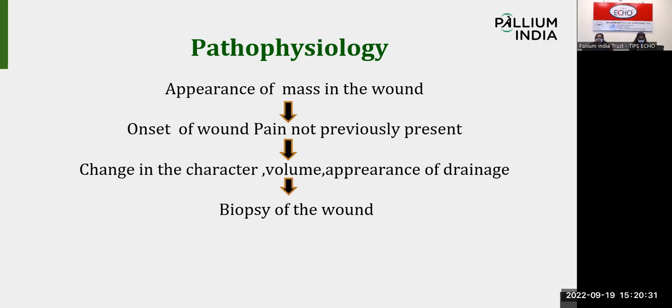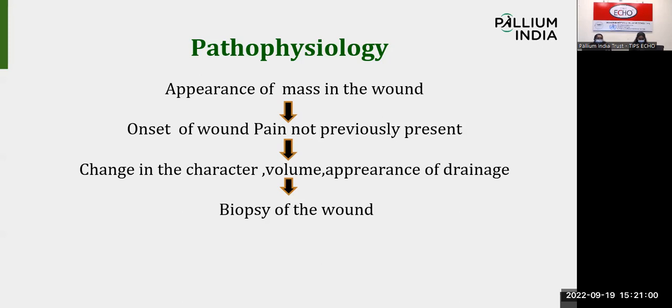This mass was not previously present. If there is a mass in the wound, patients will sometimes complain of pain when you do the dressing. Also there will be changes in the character, volume, and appearance of the drainage, which was not previously present. There is a lot of exudate and the shape will be changing.